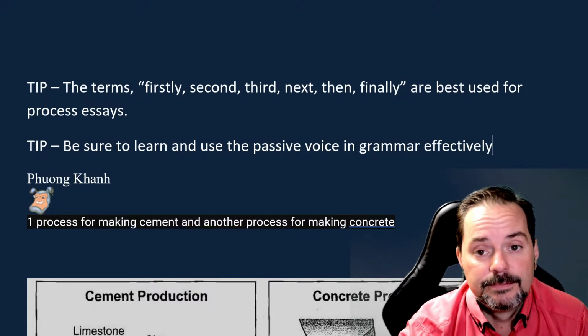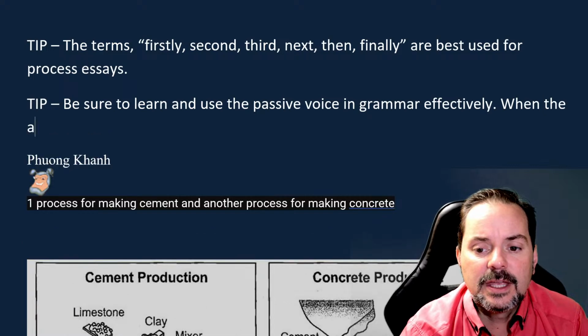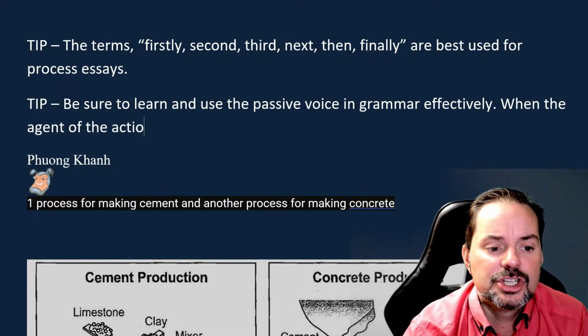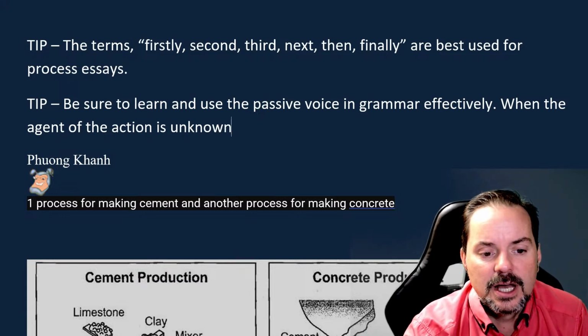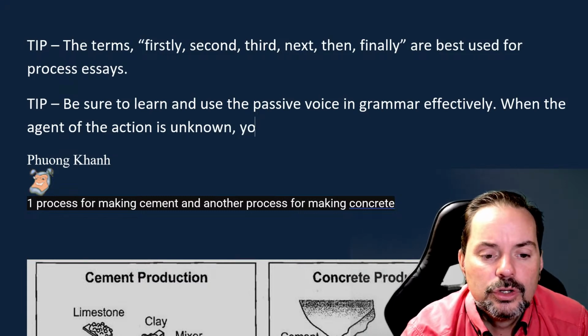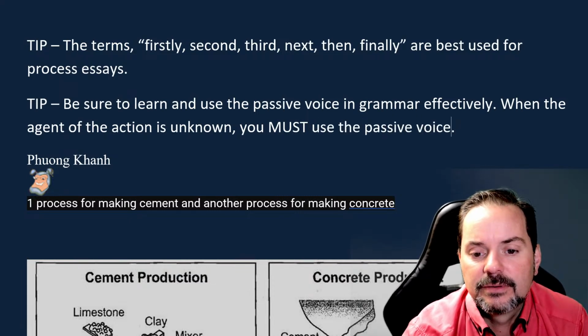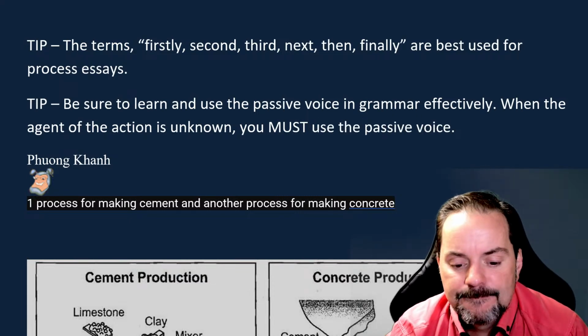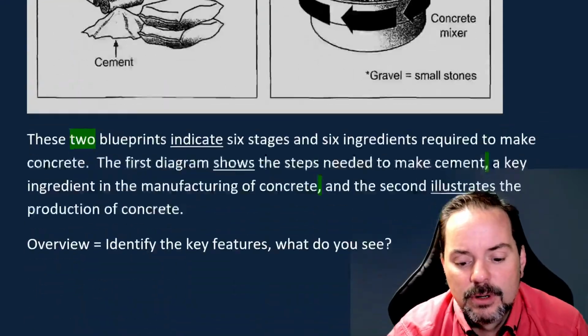And here's a good example of that. When the agent of the action is unknown or unimportant, but in this case it's unknown, you must use the passive voice. So the passive voice uses the be verb and the past participle.